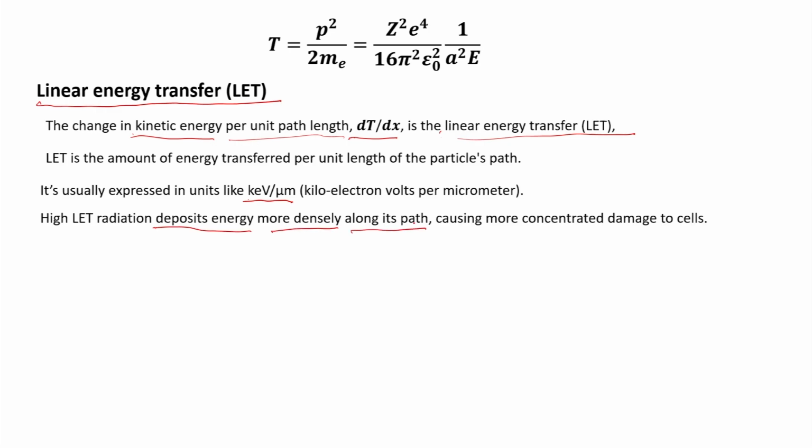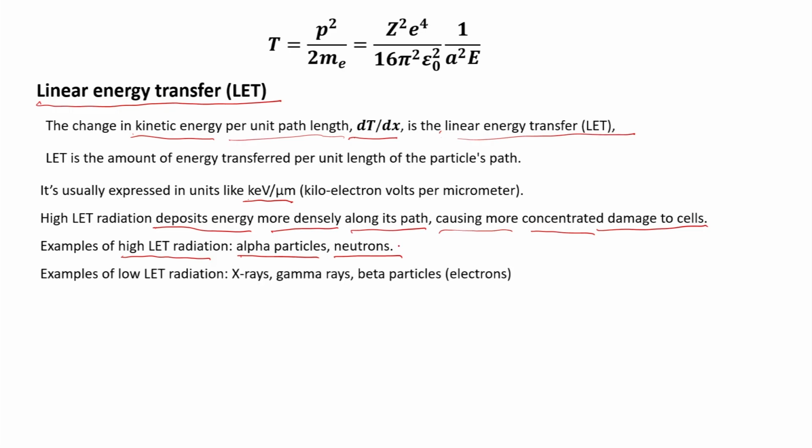Again, it depends on the energy, and it can cause concentrated damage to cells or the material which is exposed to the high energy radiation. Examples of high LET radiation are alpha particles and neutrons. Examples of low LET radiation are X-rays, gamma rays, beta particles, electrons.